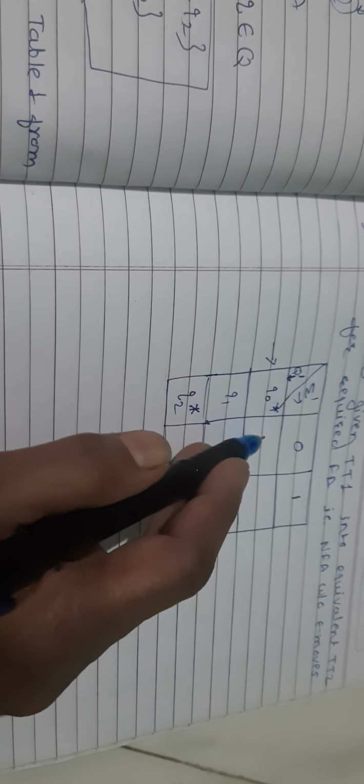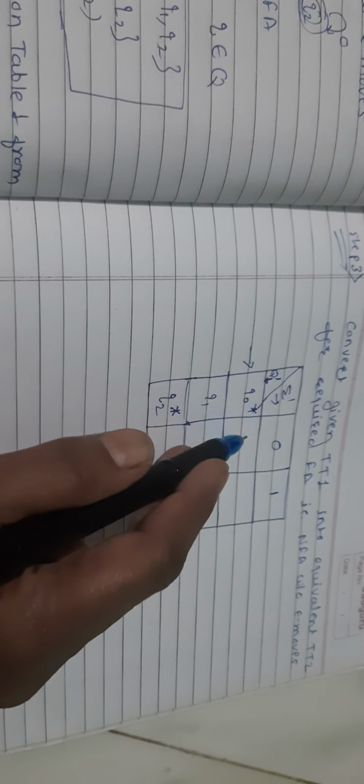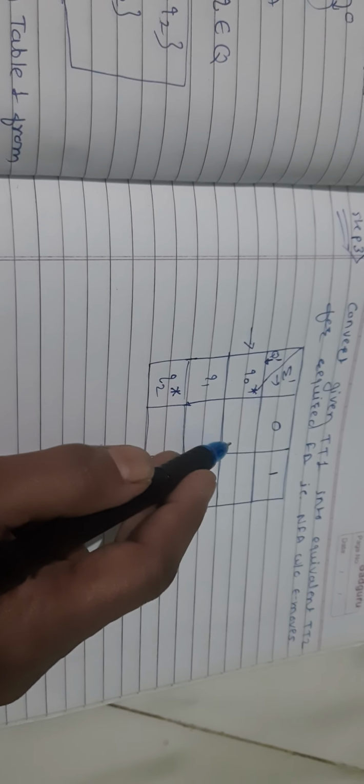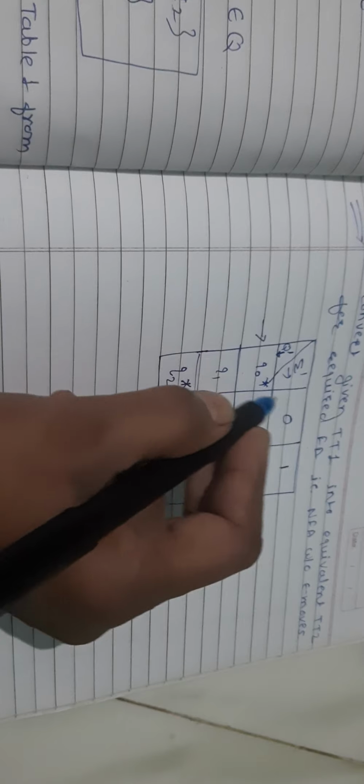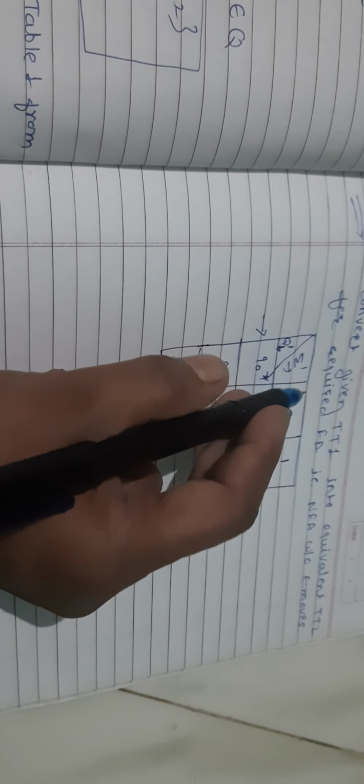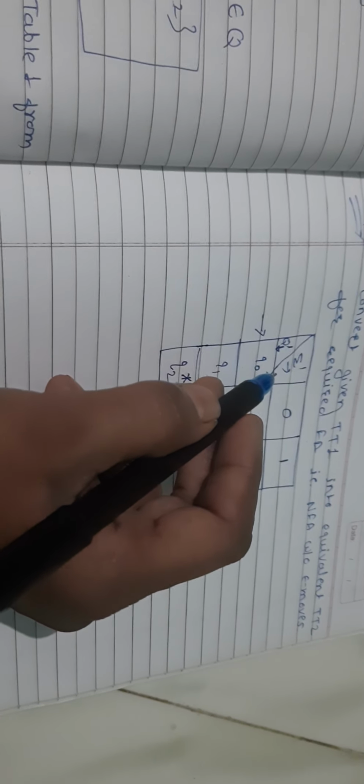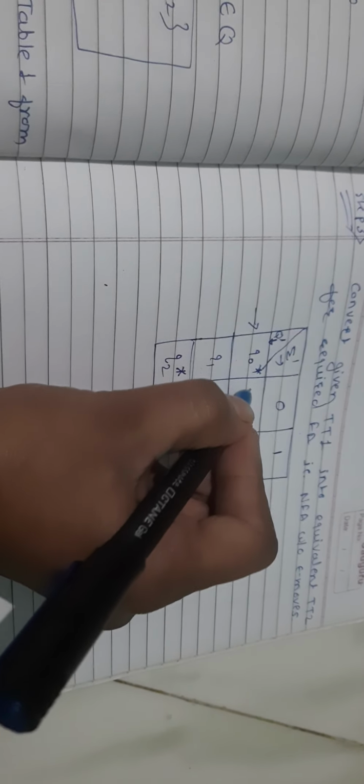Now obtain the transitions. How to obtain the transitions here? This is for the output NFA. So delta dash, first we will obtain this value.